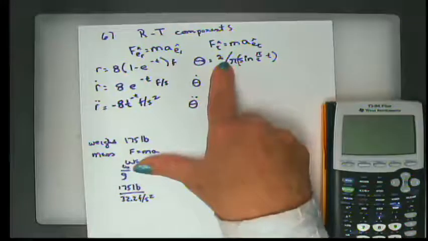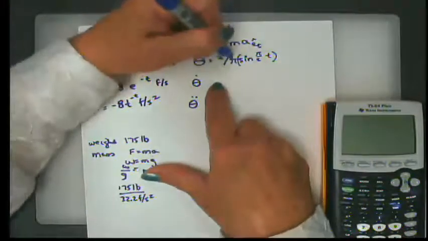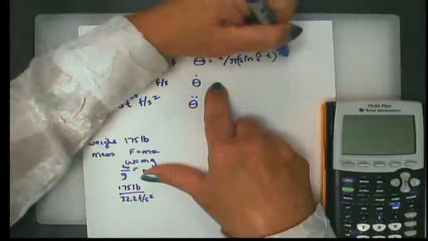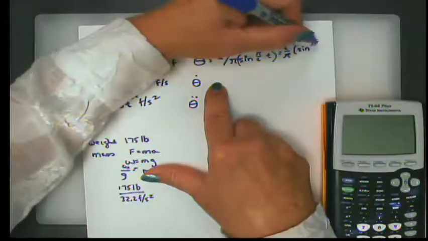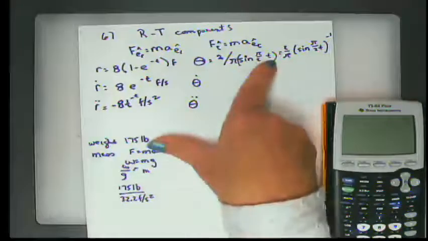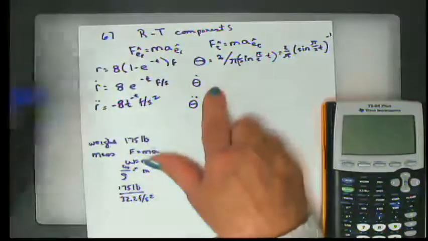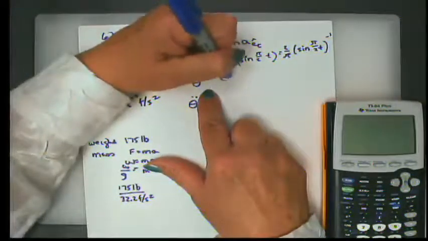Now when I take the first derivative of theta, you could think of this as being 2 over pi as a constant times the sine of pi over 2 t to the negative 1 power. You may need a math table if you're not quite familiar with that, as I am not.